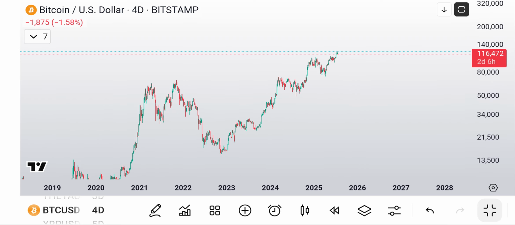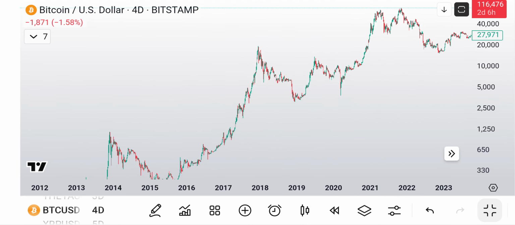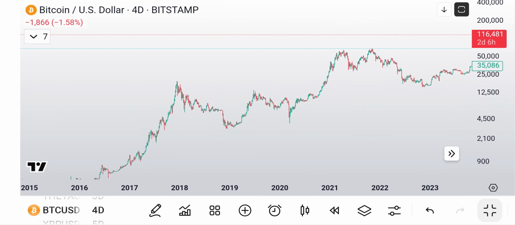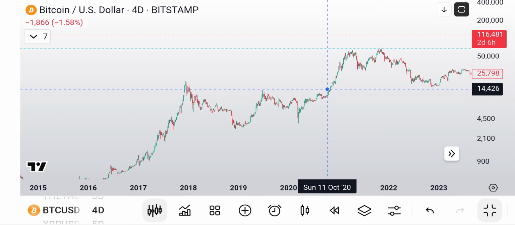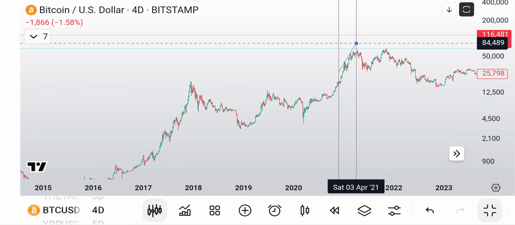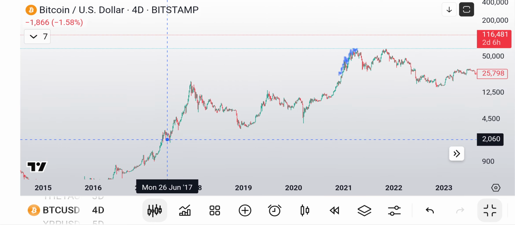So if this can start going parabolic, let's go and see. Let's take a bars pattern from here, and then we'll take one from maybe right there.